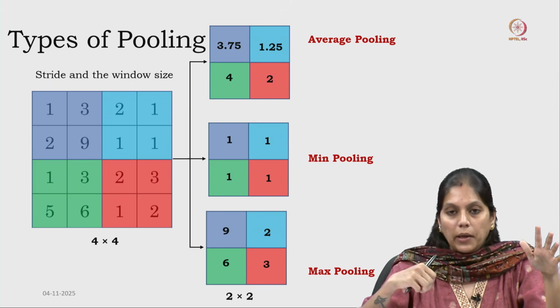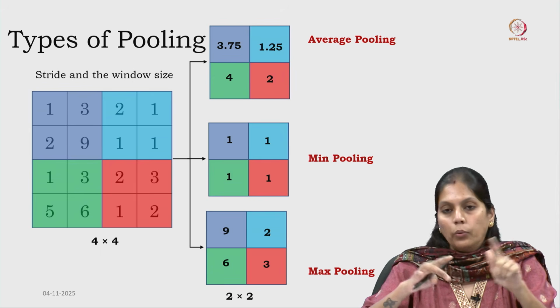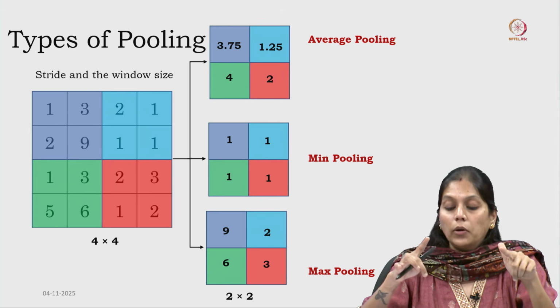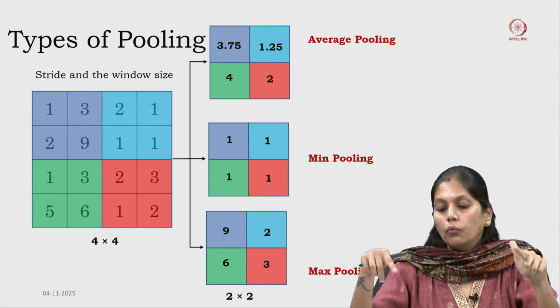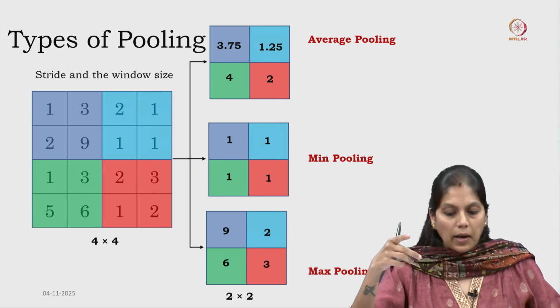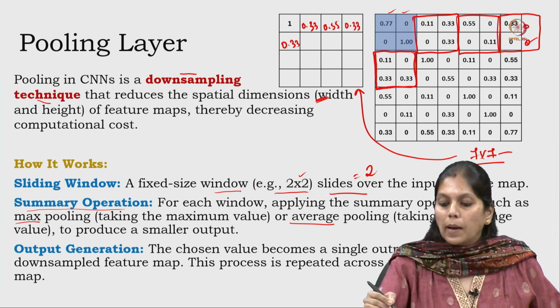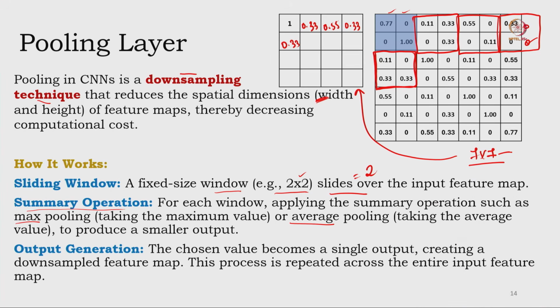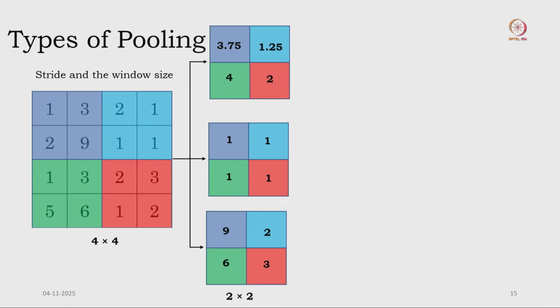That is max pooling. In average pooling, when you define a window size, you will have some values, and you take the average of all those values. How do you take an average? If you go back to this example, you will take 0.77 plus 0 plus 0 plus 1 and divide by how many values there are, 4 such values. So divided by 4, that is the average.